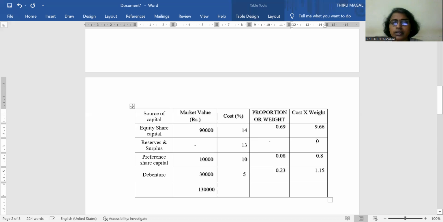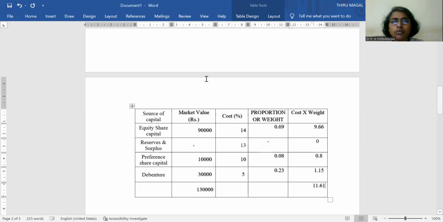The next step will be, we need to total all these values. So the value comes around 9.66 plus 0.8 plus 1.15. So the total comes around 11.61.